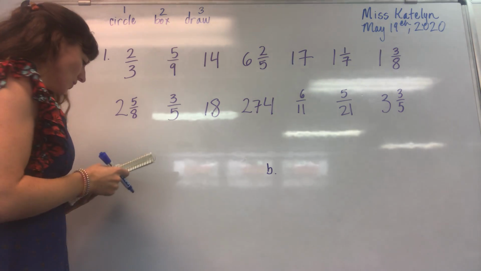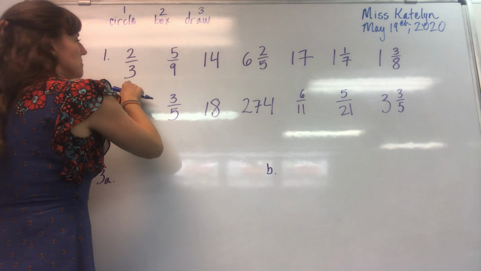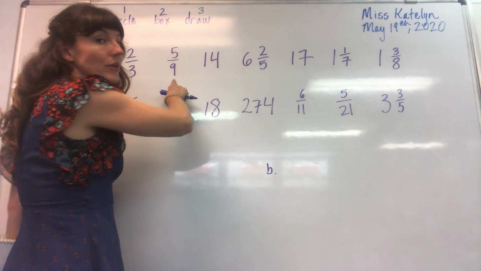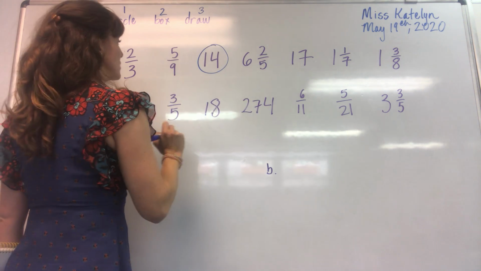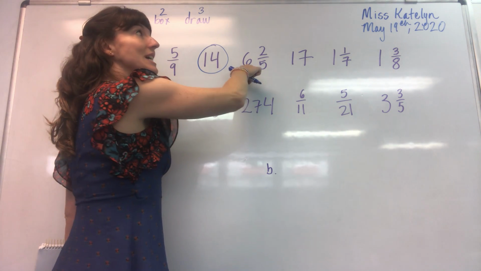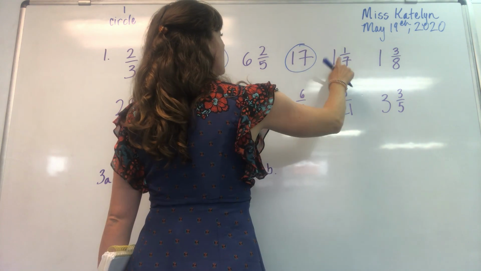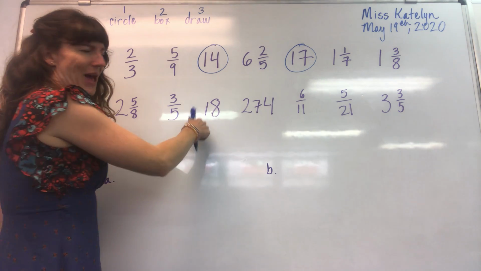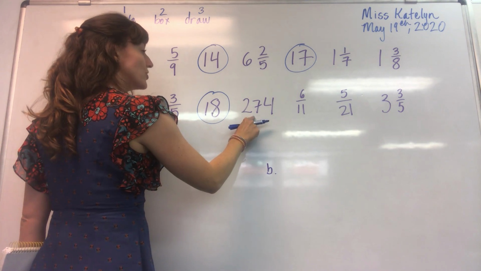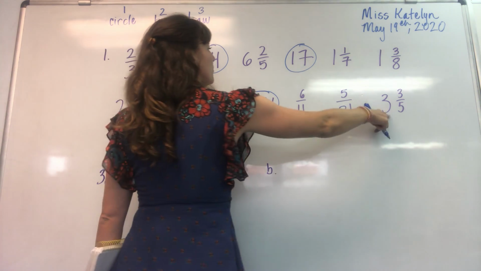All right, so circle the whole numbers. Let's go through and circle all the whole numbers. 2/3, no. 5/9, no. Those are fractions. 14, oh yeah, that's a whole number. 6 2/5, no. 17, do it, circle it. No, no, no, no. 18, oh yeah. 274, nope, nope, nope.